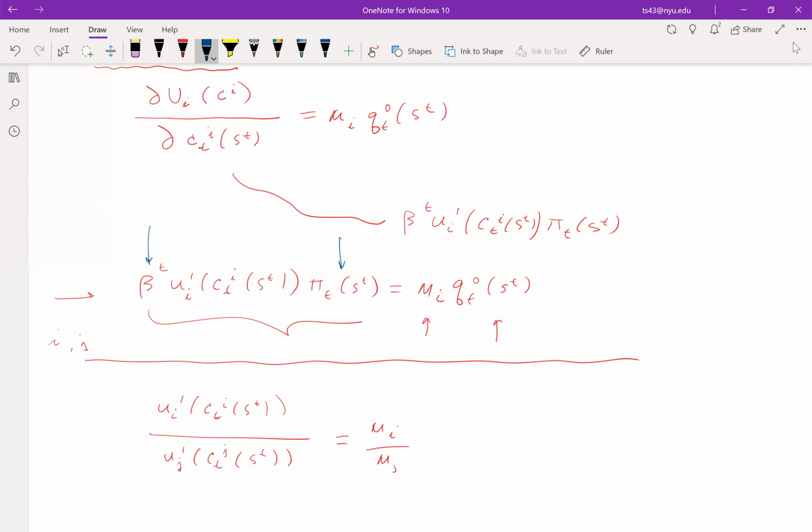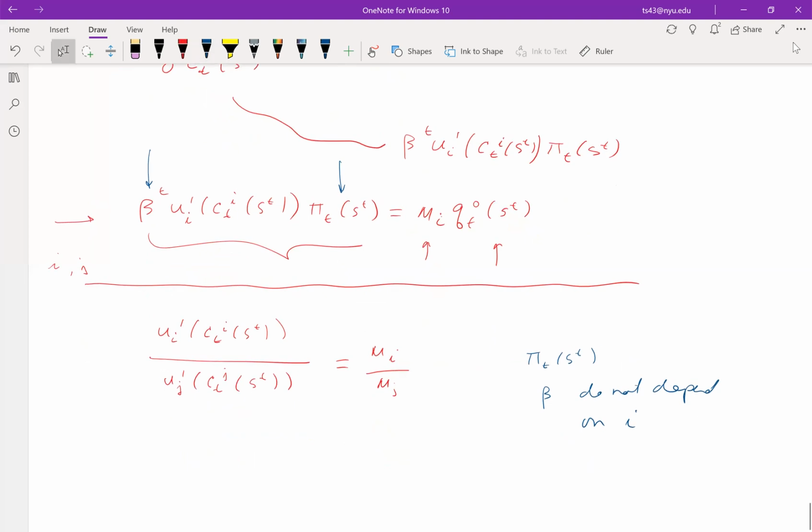That depends on pi_t and s^t and beta, which do not depend on i. Why? Because we assumed they didn't. We restricted people's preferences to be the same, except u_i does not equal u_j, possibly, for i not equal to j.